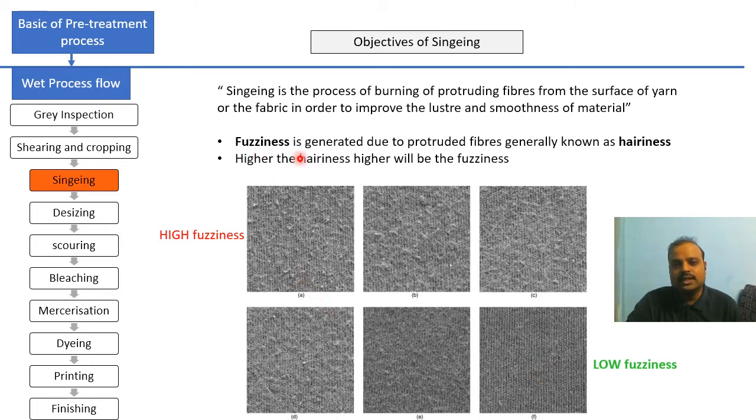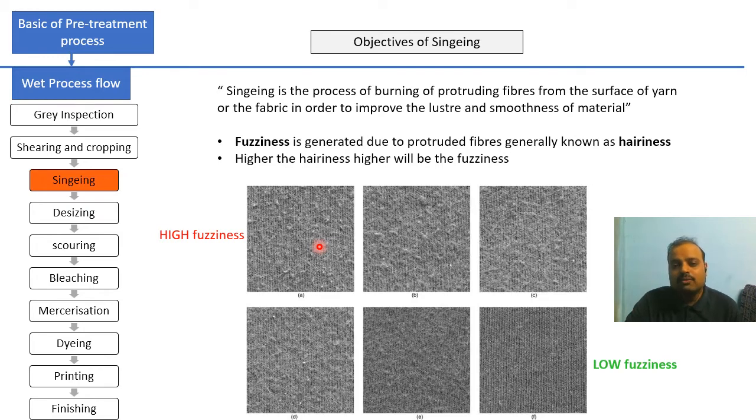So fuzziness is generated due to the protruded fiber, generally known as hairiness. Why does this happen? Fuzziness happens due to the presence of hairiness. Now the hairs that protrude out of the surface entangle, they form balls, they form pills, right, and they form fuzziness. This fuzziness is really bad to look at. Aesthetically this fabric is not appealing. So the higher the hairiness, the higher the fuzziness.